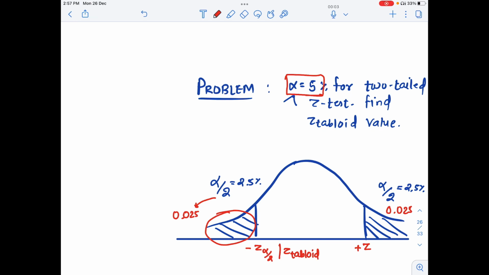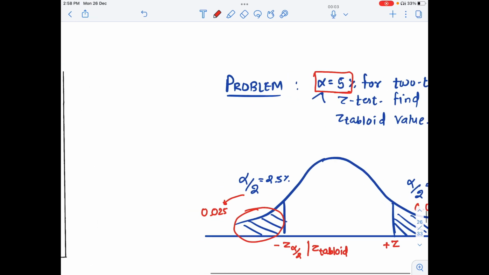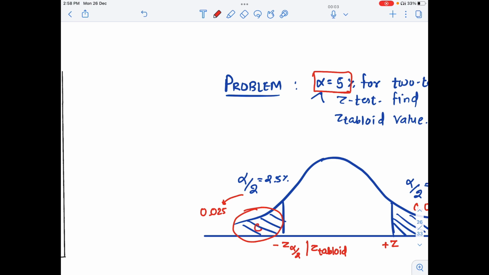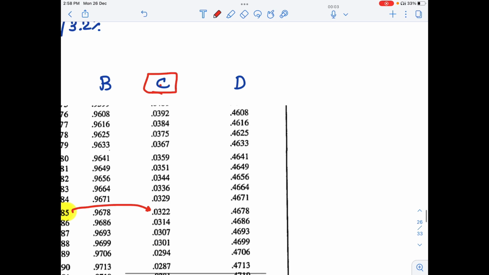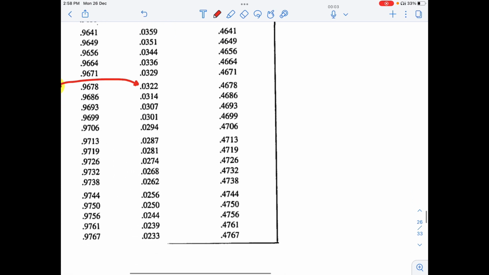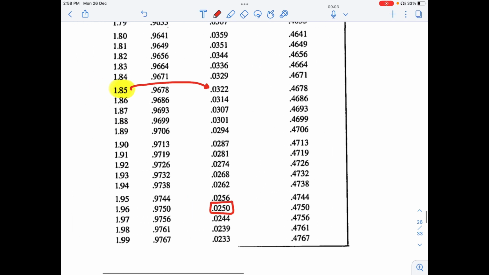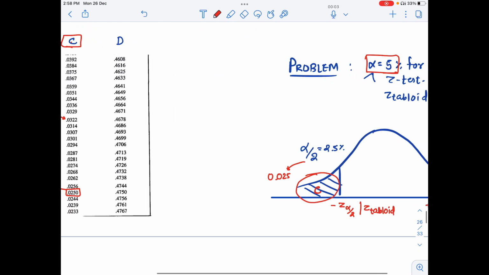So we have to find 0.025 in the tail portion of the table. In the C portion we will find 0.025, here it is, and for that the Z value is 1.96. So this Z will be 1.96.